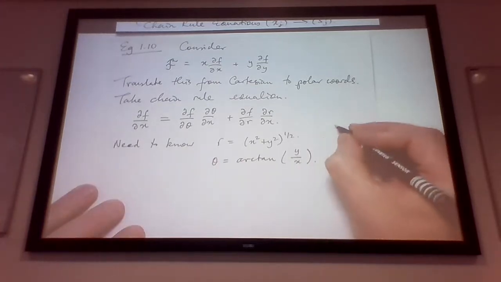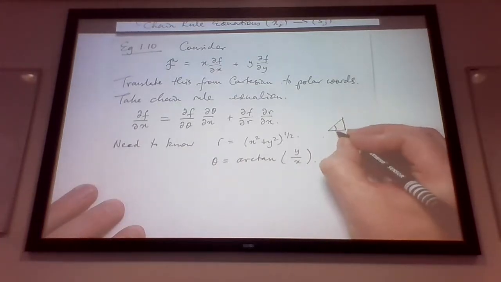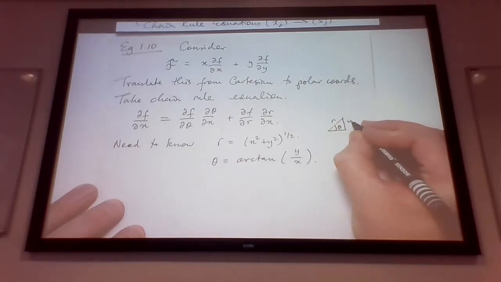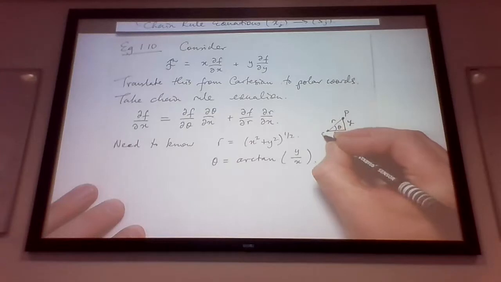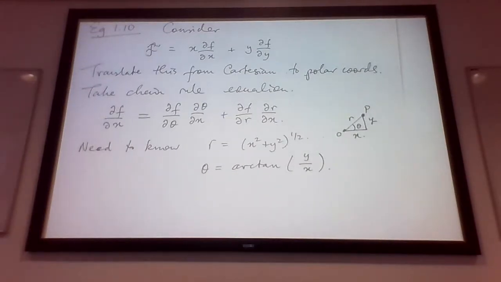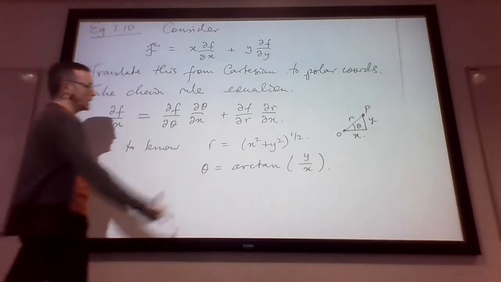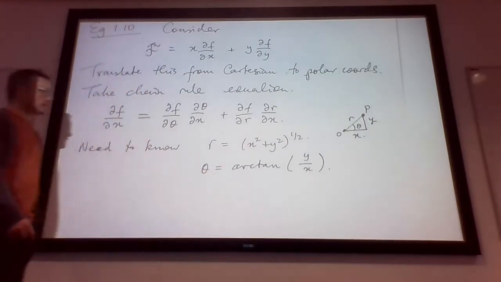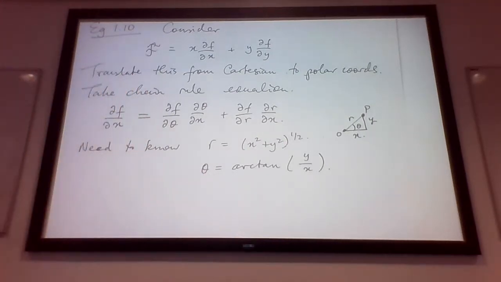Okay, so these all come from this basic triangle where you've got theta, r, y, and x there. So point P is the origin down here. Okay, so extracting from that triangle, r is the square root of the sum of squares, and theta is the arctangent of y over x.